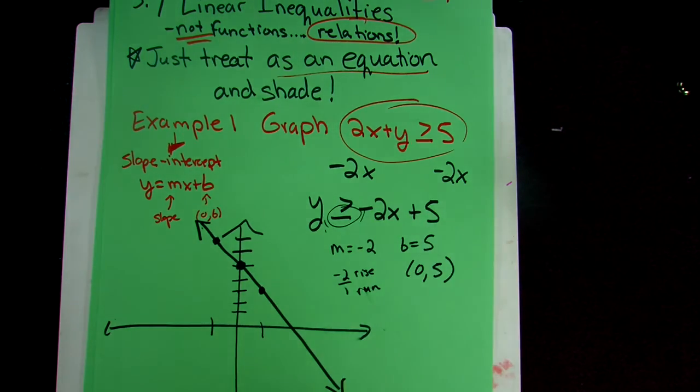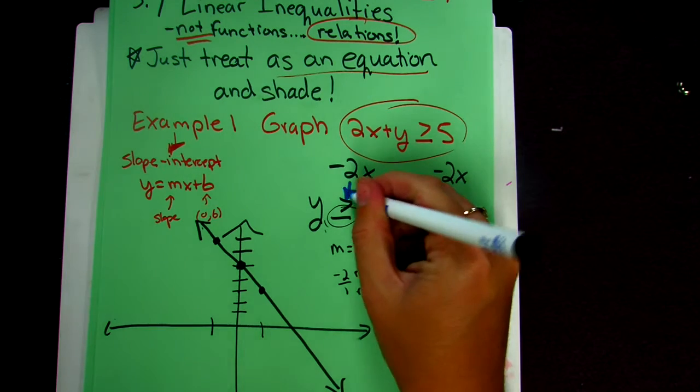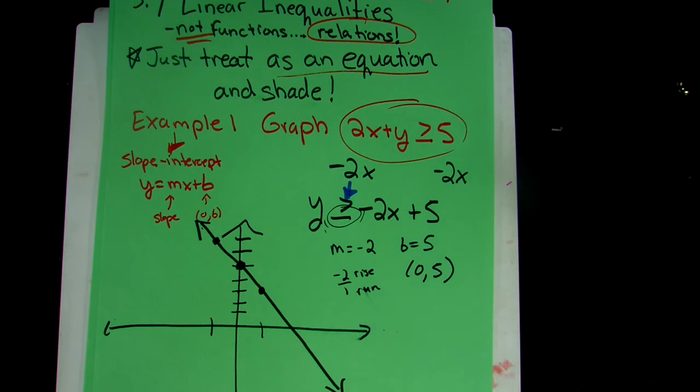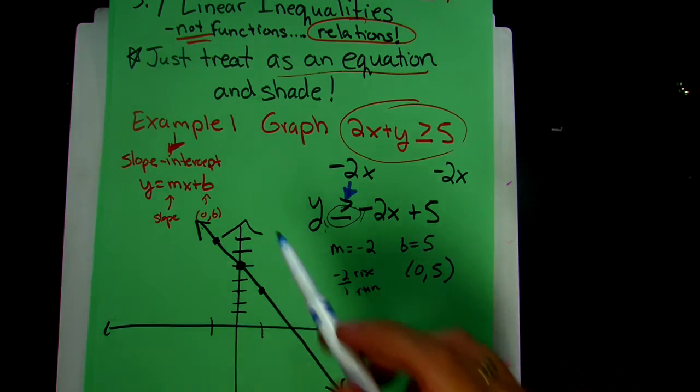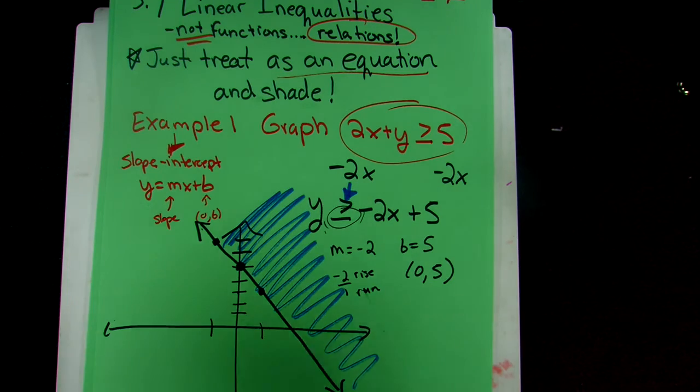So now I have to decide the shading. Do I shade above it or below it? Well, since it's greater than or equal to, that means that it's everything above this line. So I'm going to shade everything above the line. I'm going to shade everything here. And that becomes my solution.